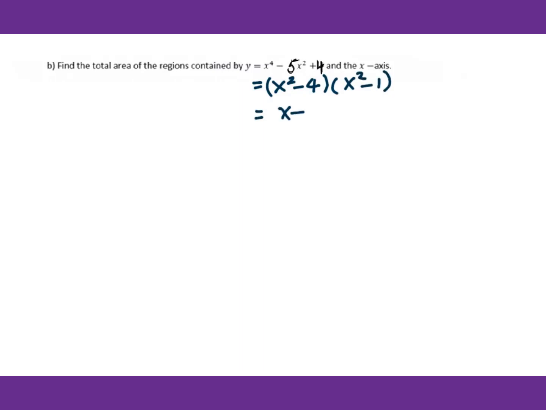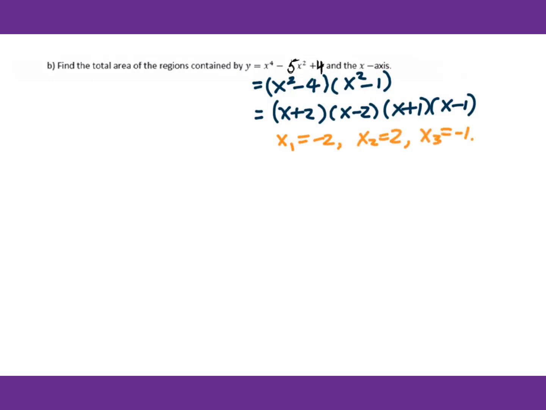So you get x plus 2, x minus 2, x plus 1, x minus 1. We will get the roots x1 equals negative 2, x2 equals 2, x3 equals negative 1, x4 equals 1.